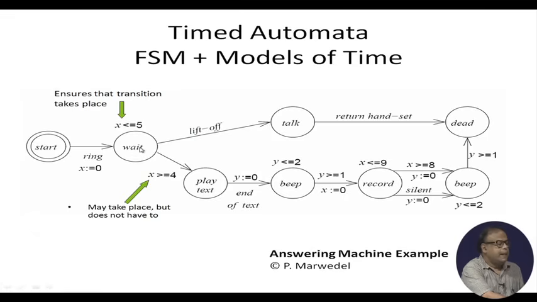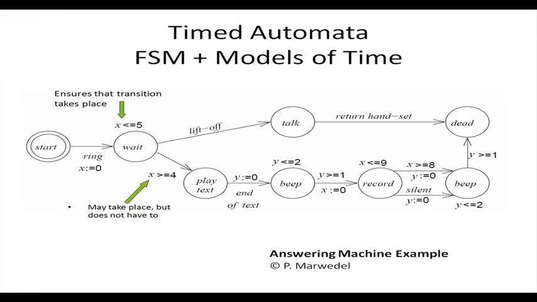If the person does not lift off, then as soon as 4 units of time elapse, it starts playing a text. The answering machine will play a text: Mr. So and so, I am sorry, I am not at home right now.